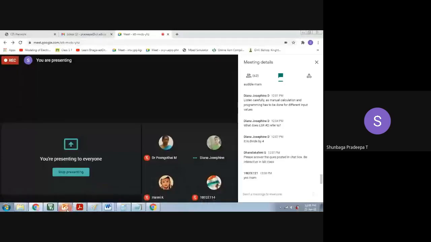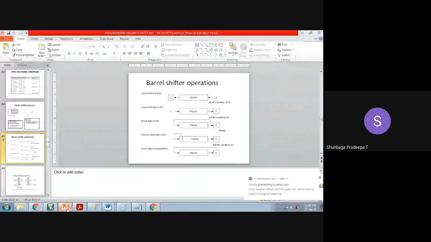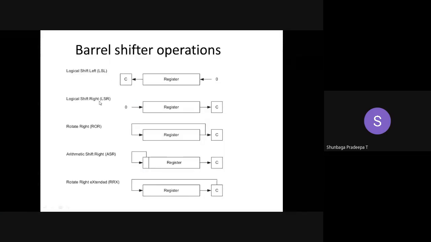So as ma'am told you, you have logical shift left, logical shift right, rotate right, arithmetic shift right, and rotate right extended. We will see with an example how the shifting operation takes place, and then we will show the demo.